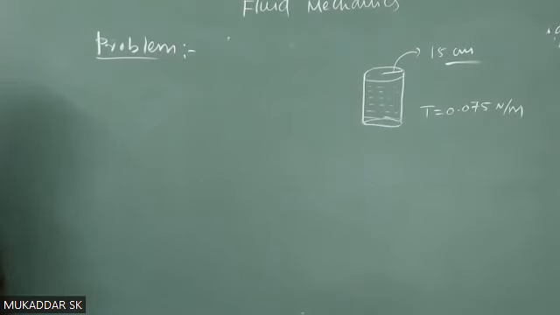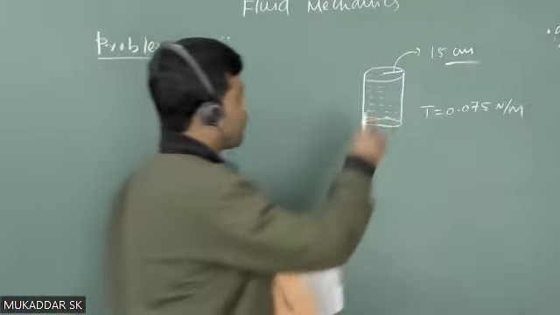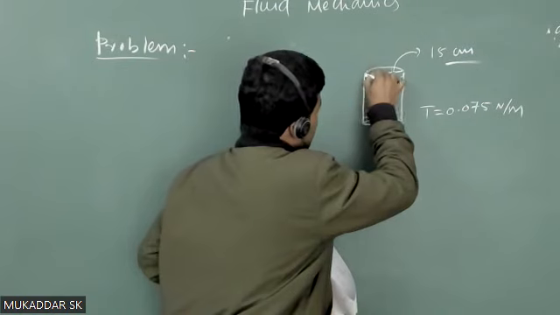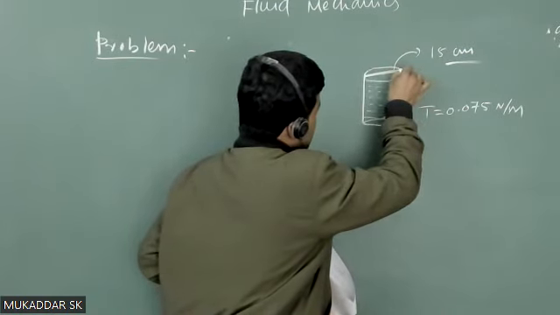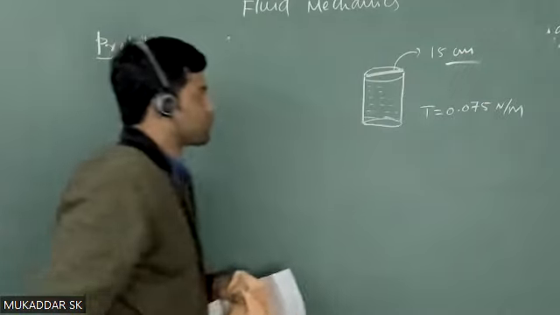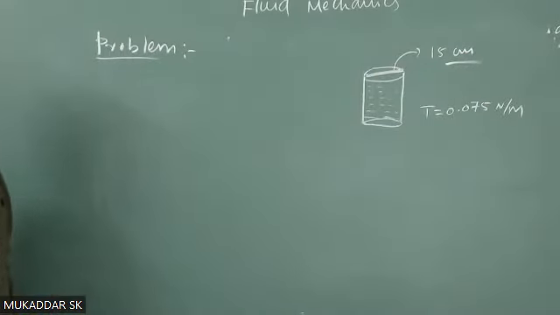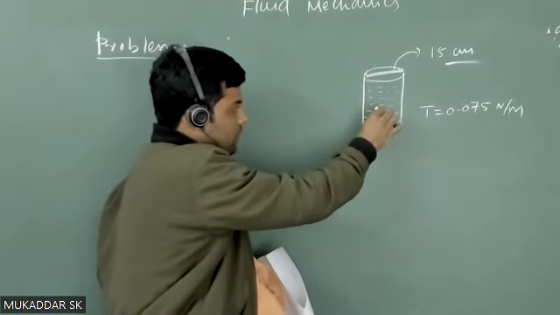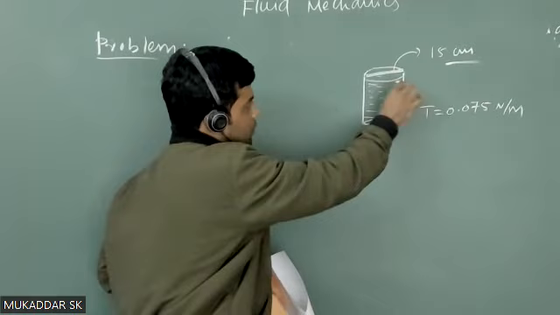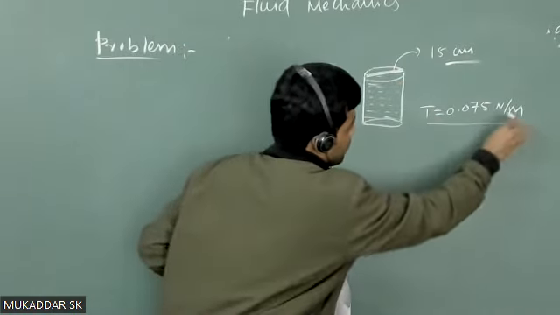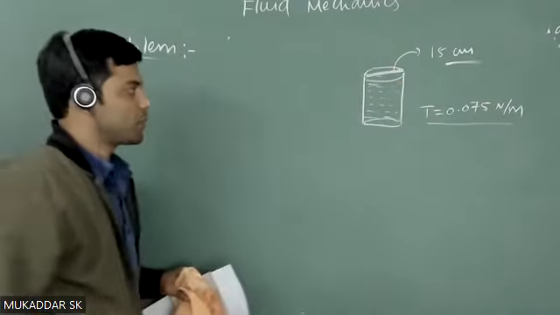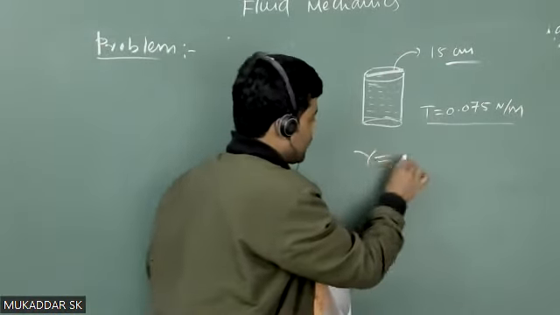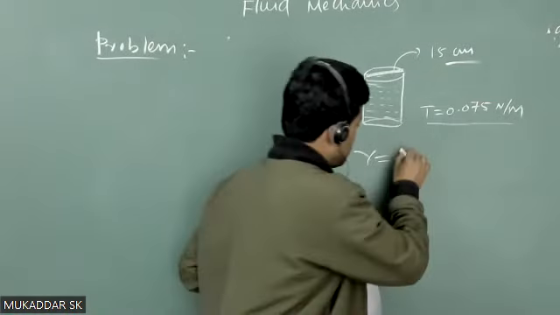So the question is, how much will be the net force acting on the imaginary diameter on the surface of the liquid or water. So you have a cylindrical glass that is fully filled with water, having surface tension 0.075 Newton per meter, which is an important number. The radius is 15 centimeter.